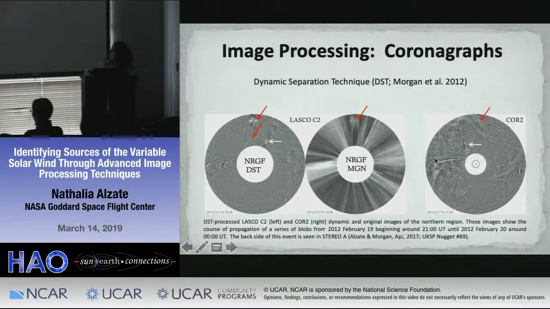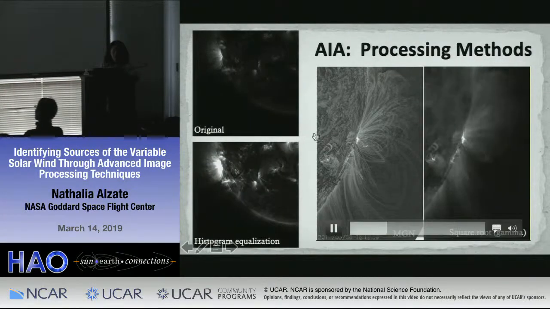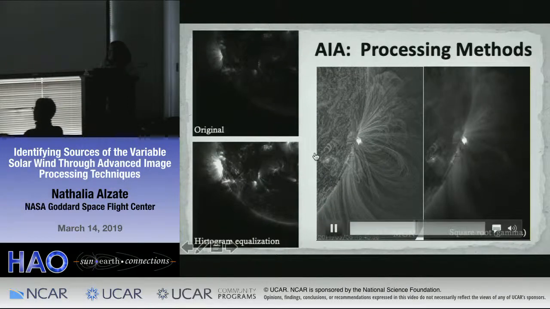And this is just an example for Cor2, how it might look. Then in this image, you have both the quiescent stuff and the transient stuff in the same image. To get it to this point after the NRGF, we apply the MGN method, which is the next technique, and perhaps the best one. So I'll just let that play for a second.